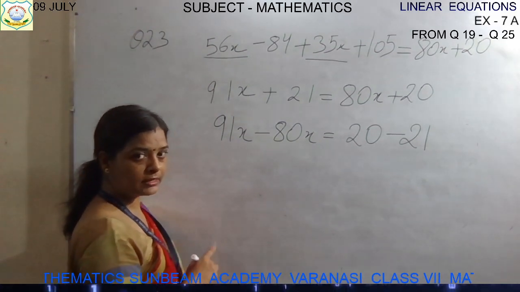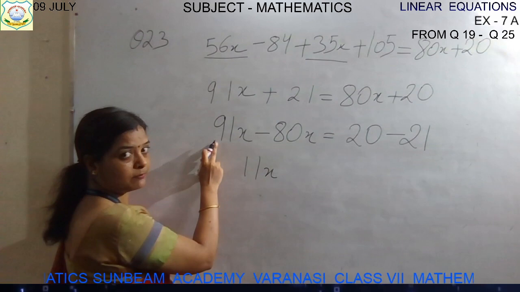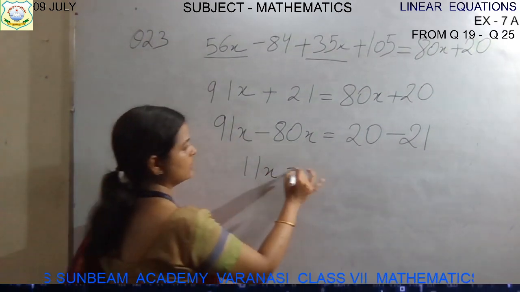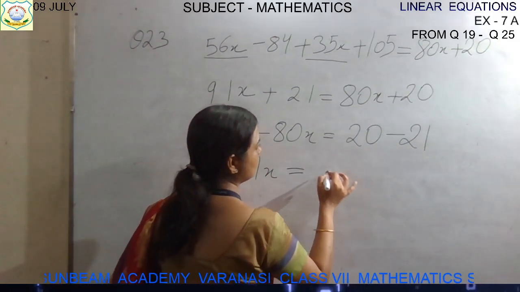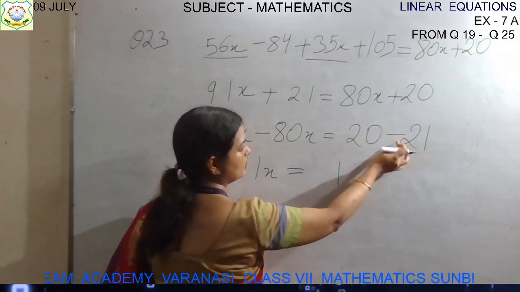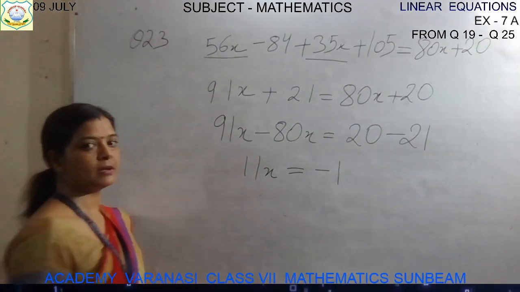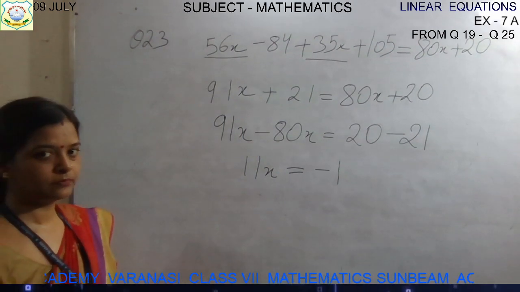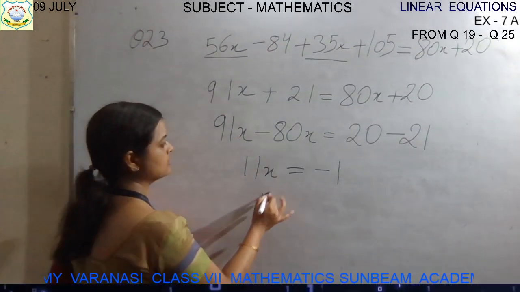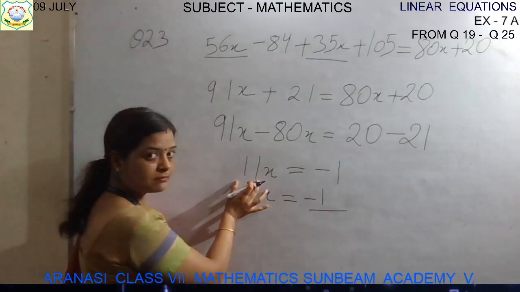Okay, 91 minus 80. So you will have 11x with positive sign because bigger number is positive, is equal to 20 minus 21. 1 will be left. From 21, 20 will be subtracted and sign of bigger number, that is minus. So minus 1 will be left. Now next step, children, 11x is equal to minus 1. 11 is in multiplication.